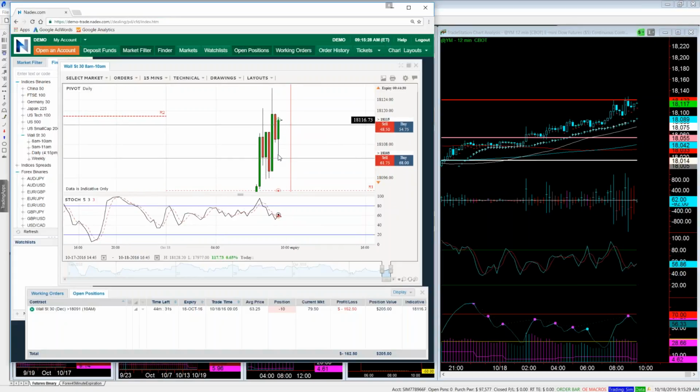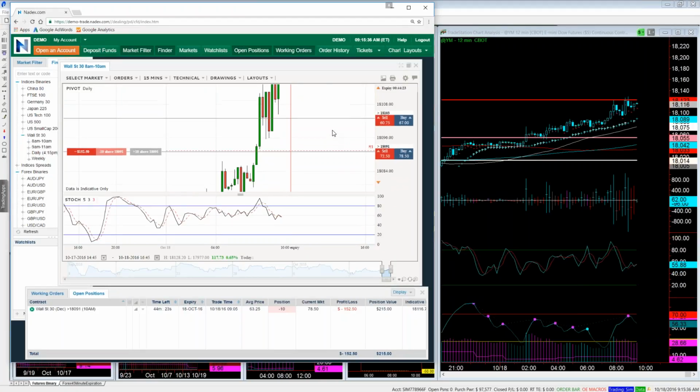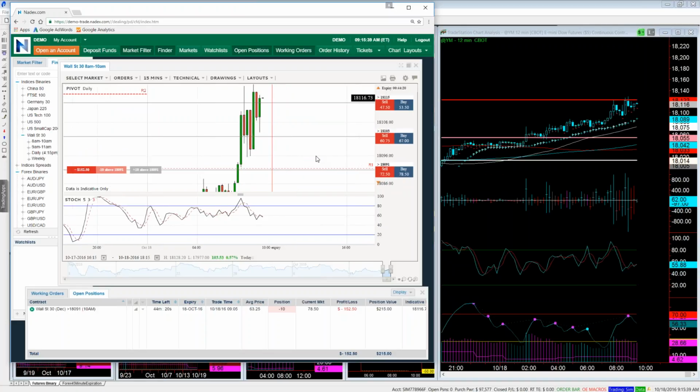You see it here. It made a low and then closed up at the top. I don't like those bars. Normally when I don't like a bar like that, I do one of two things. I'll exit the trade, or I'll say, okay, I'm going to give you one more bar. And if on the next bar it doesn't do what I want it to do, then I'm out of the trade. Does everybody understand that?